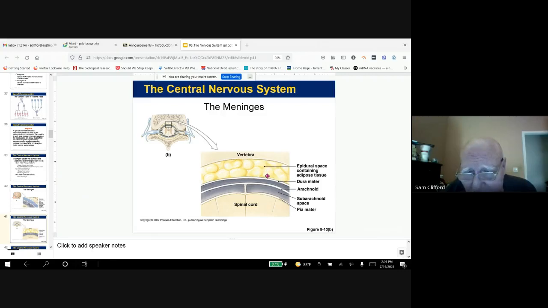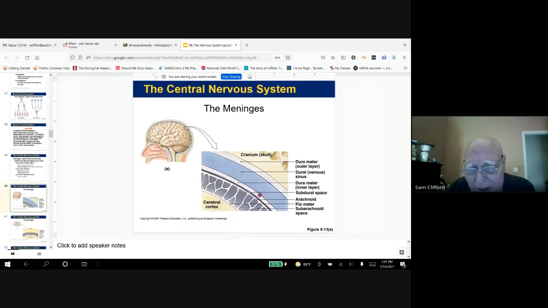So that's above the dura mater, then the arachnoid, and then the subarachnoid space, with the dura mater on the outside, and then arachnoid, and then pia mater. So the spinal cord has the same 3 layers that protect the spinal cord and isolate it from the rest of the cells and materials around it so that electrical signals can be carried in the spinal cord and brain.